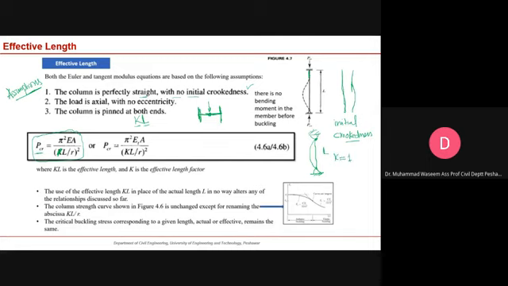But if you have both ends fixed like this, then k will be 0.5. If you want to include the support condition effect in the Euler formulation, the formulation will stay the same. You just have to introduce this k term, and this KL is called the effective length of the member.